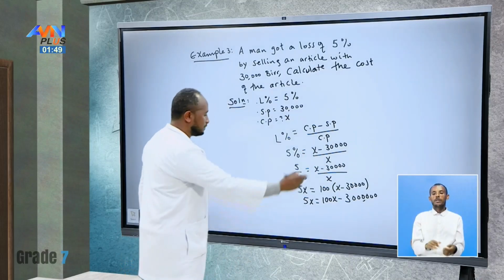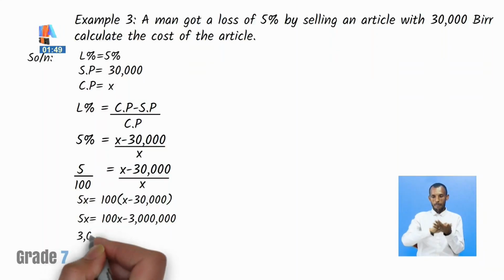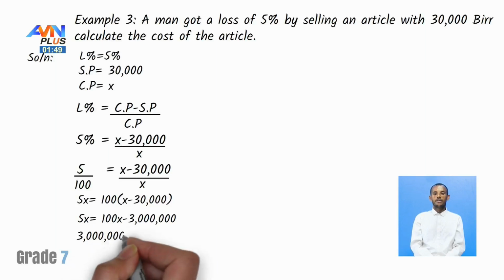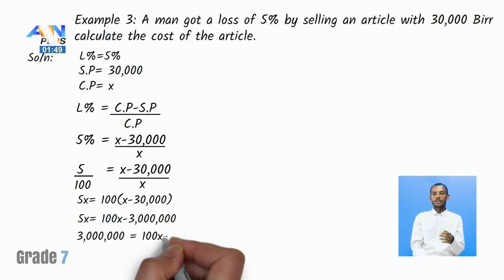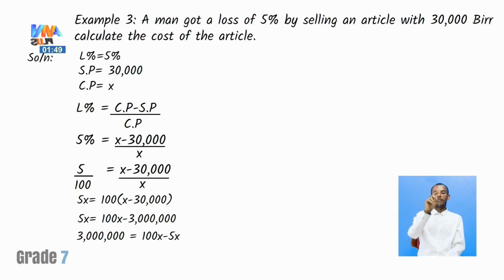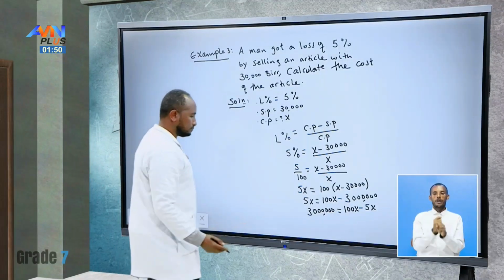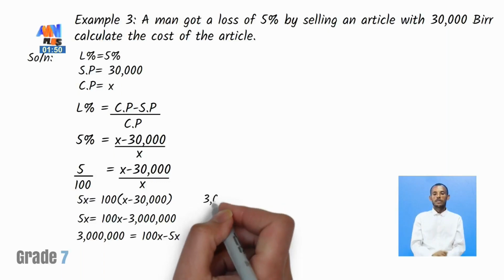So you will have 3 million is equal to 100x minus 5x. You see? So, the difference of these two is 95x.